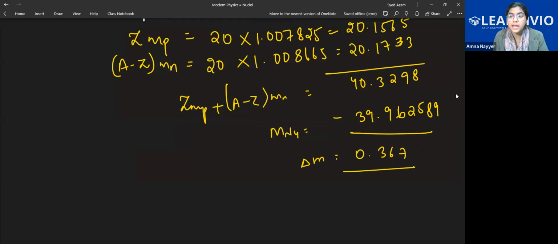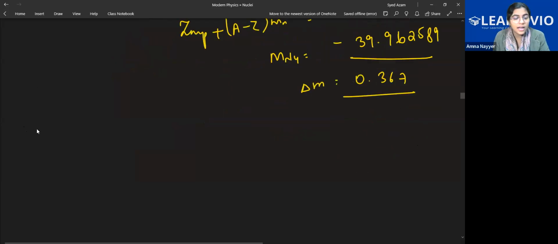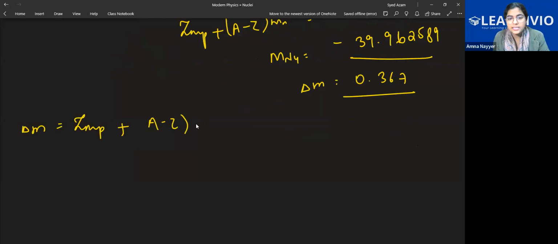What is this delta M? How have we obtained it? Now we have got our mass defect: Z M_p plus (A minus Z) M_n, and then we subtract the mass of the nucleus.